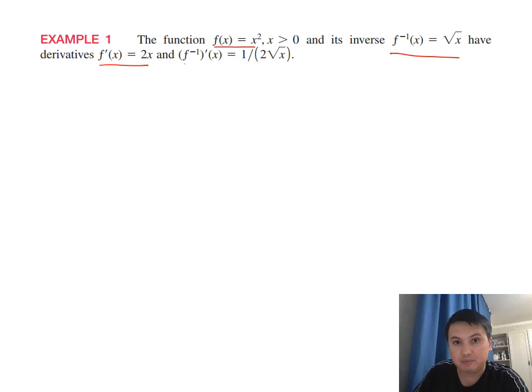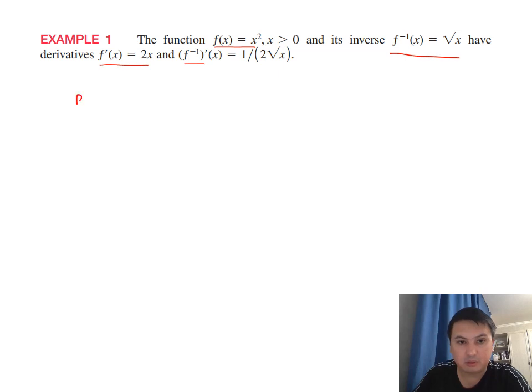And what is the derivative of f inverse? Well, if you take the derivative of the square root, it's 1 over 2 times the square root of x. So this is from the direct formula, without applying the formula that we stated in the previous slide. But let's verify the theorem we mentioned, the formula for finding the derivative of the inverse.